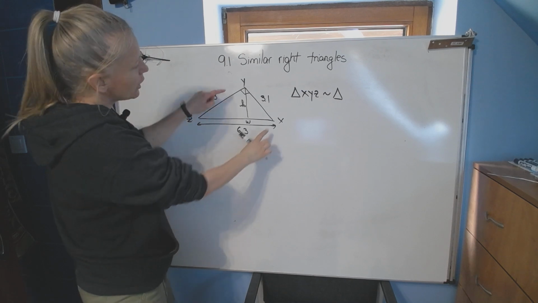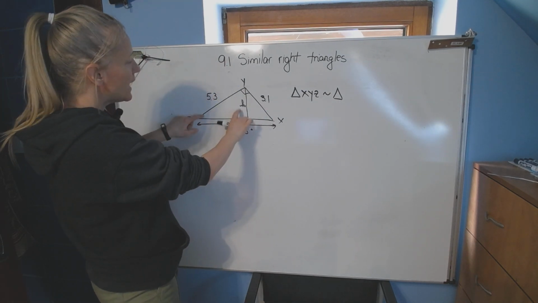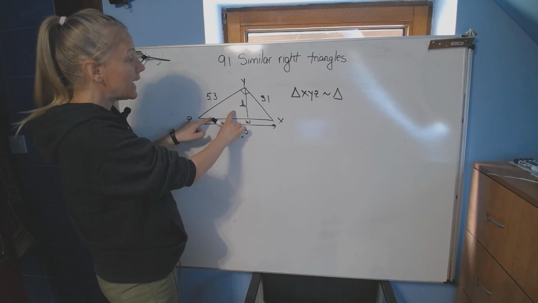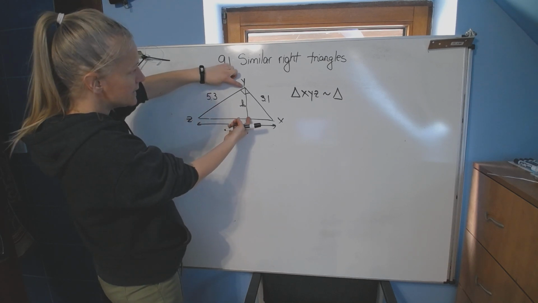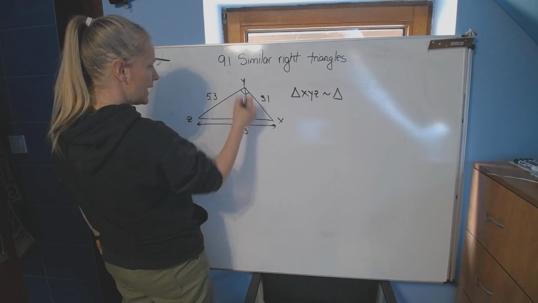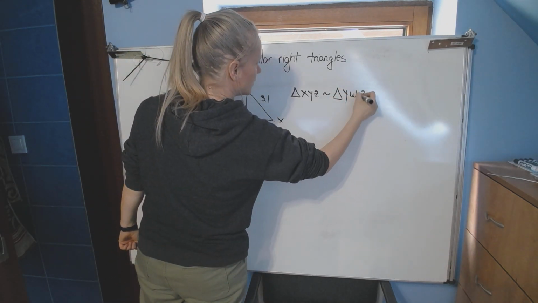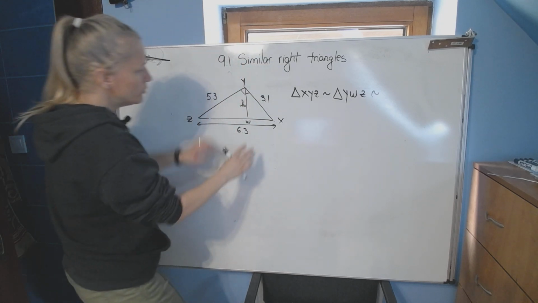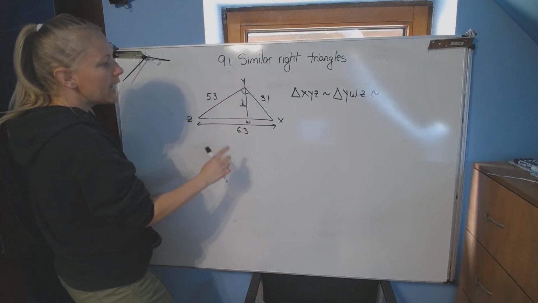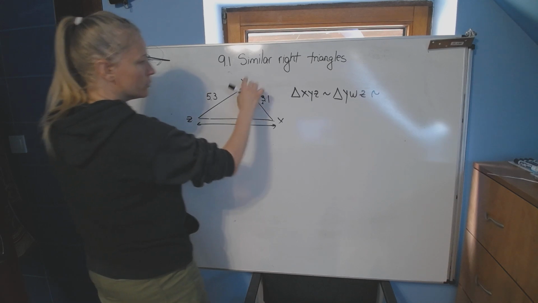And since I started with the shortest leg in the big triangle, when I move to the medium triangle, I have to start with the shortest leg. This is the shortest leg. Will be congruent to Y, W, Z. And will be congruent, I'm moving to this small triangle. I have to start with the shortest leg, X, W, Y.